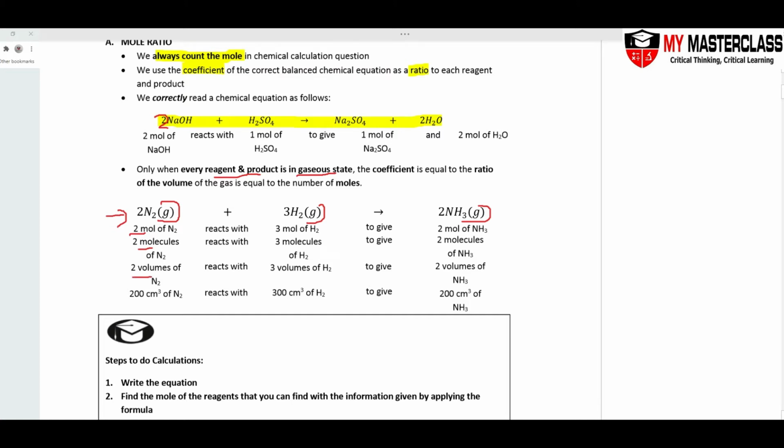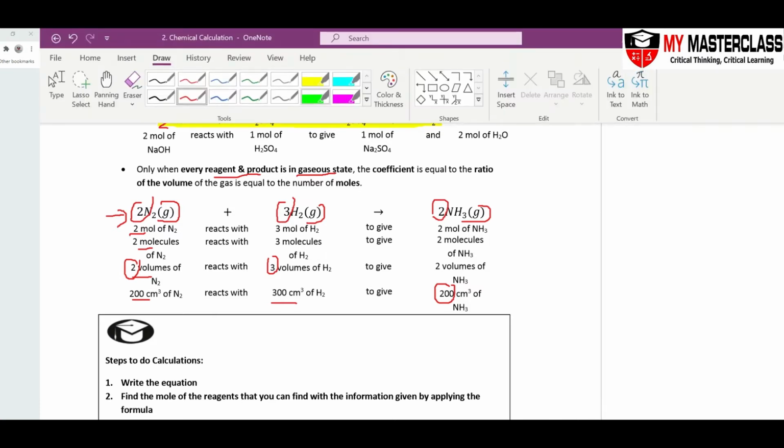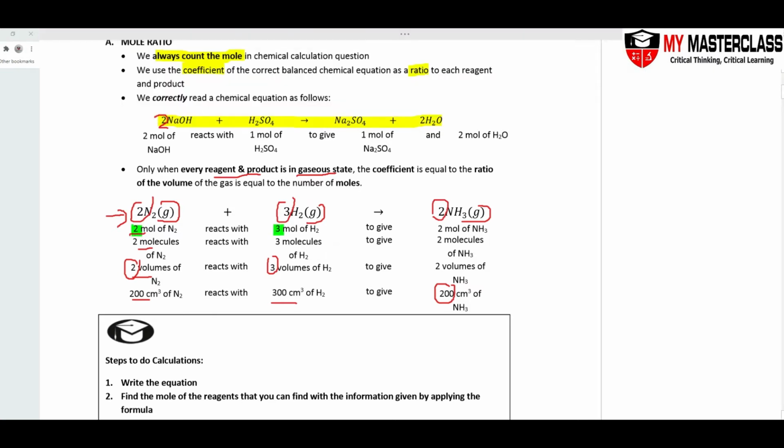It also means 2 volumes, so if I have 200 cm³, it will react with 300 cm³. I can just do the ratio because it's in a 2 is to 3 ratio. So 200 reacts with 300 to give me 200 cm³ of ammonia gas. And of course it also means 2 moles is to 3 moles is to 2 moles.